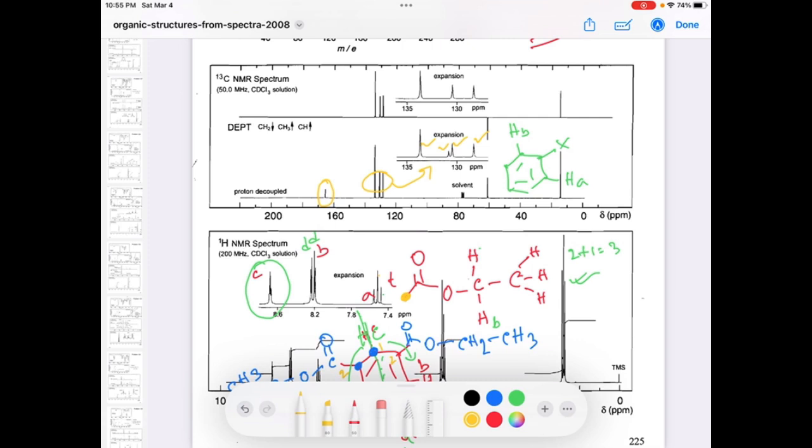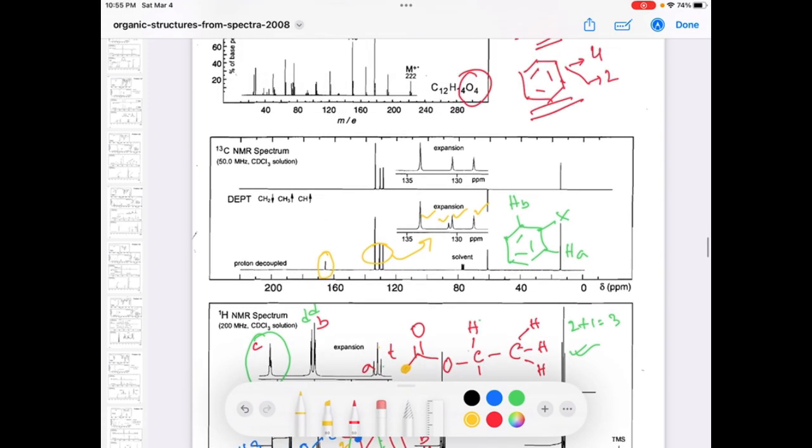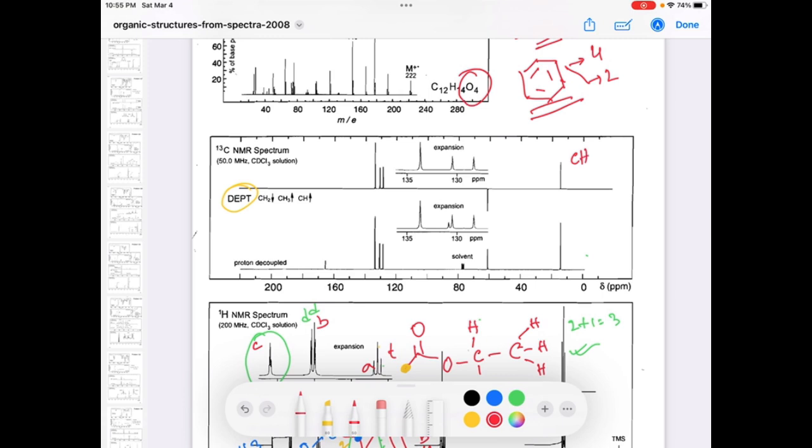And in the DEPT NMR spectra, if you see here, the first peak in the carbon NMR is up. So normally for the DEPT, the up peaks are CH3 or CH. So CH shows up, CH3 shows up, and CH2 will be down.